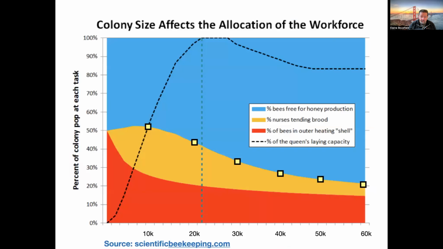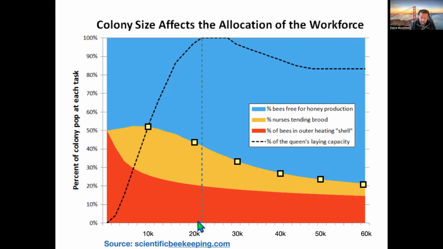So honey. I stole this from Randy Oliver's website, link at the bottom. The idea here is that it shows along this x-axis the number of bees in your hive. So around about 20,000 is what I'm saying is a brood box full.